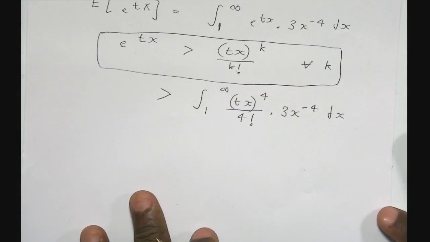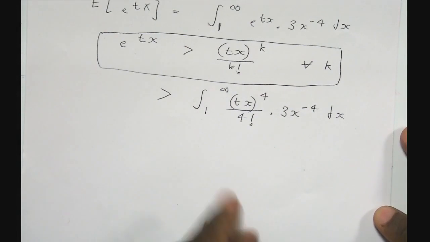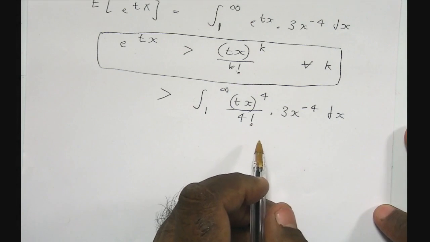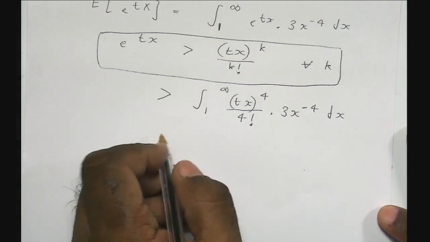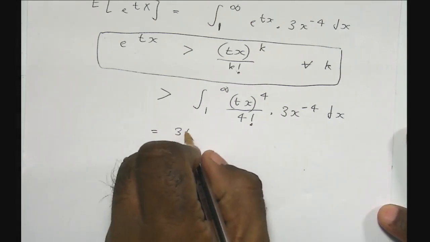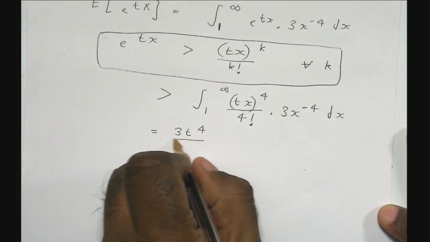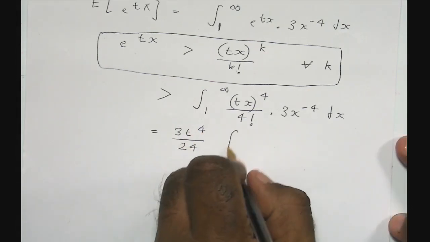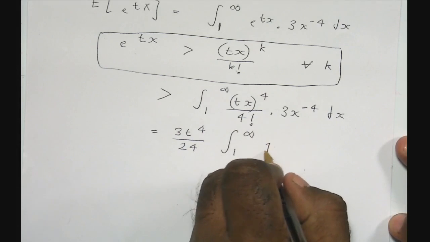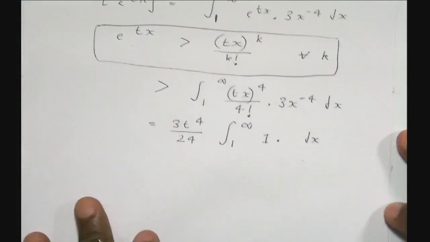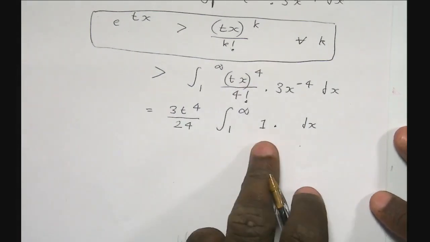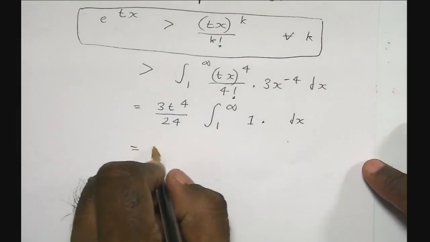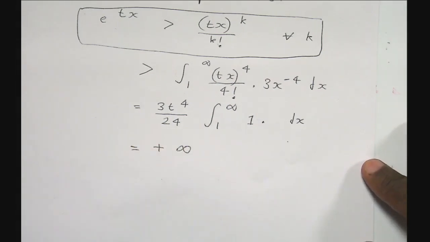Are you guys with me? I've chosen k to be equal to 4. So this will be... And the integral of 1 from 1 to infinity is obviously equal to plus infinity.